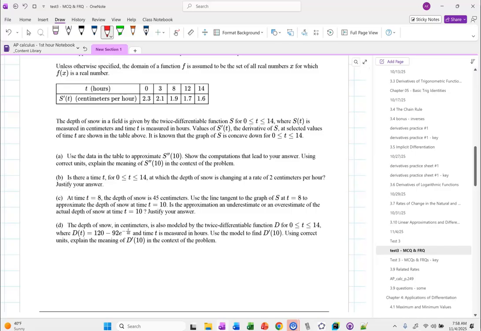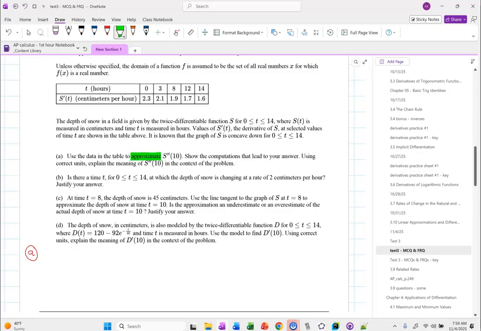Okay, so there's 3 things that we need to do for part A, right? We need to make the approximation, we need to give it the correct unit, and then we need to explain in context what this is. So how would we approximate the second derivative of s at 10? Good. So the key there is approximate, right?